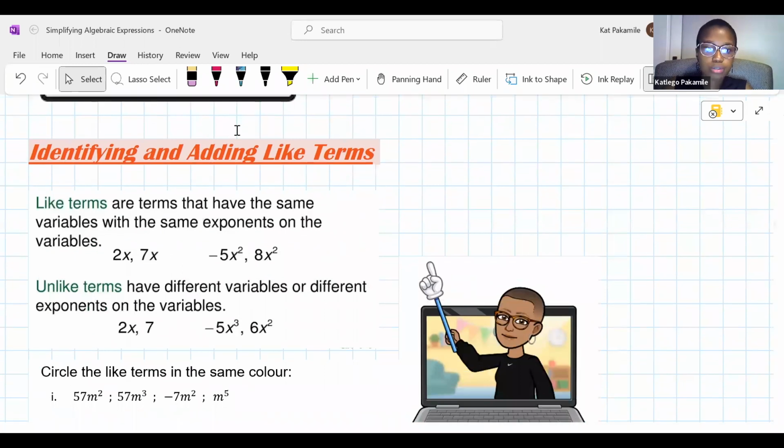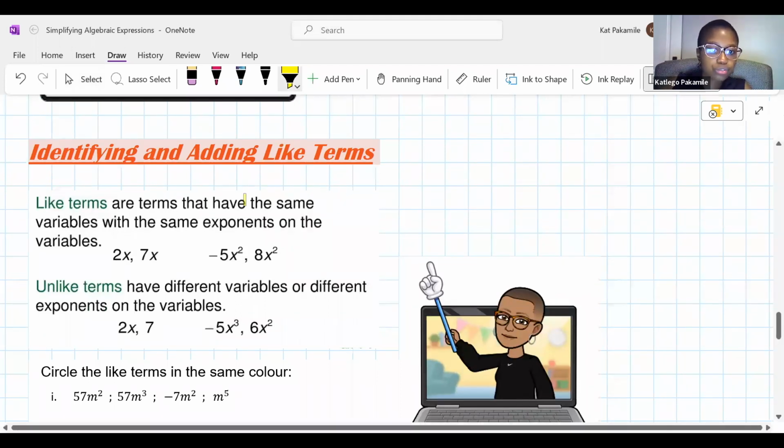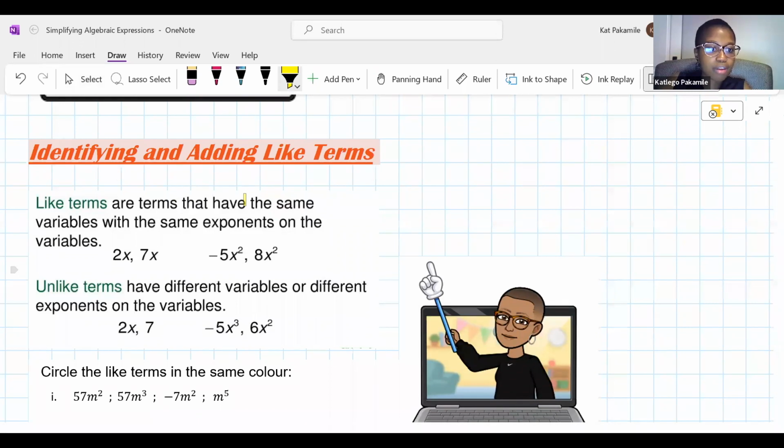Now, let's talk about like terms. So, per definition, like terms are terms that have the same variables and exponents. So they can't just have the same variables. They have to have the same variables with the same exponents.